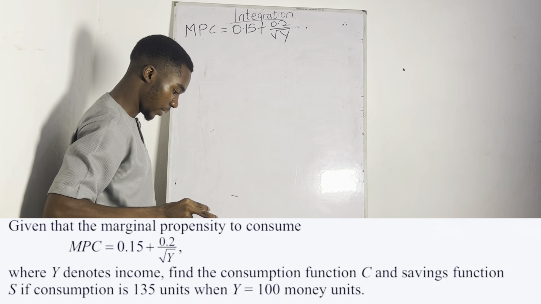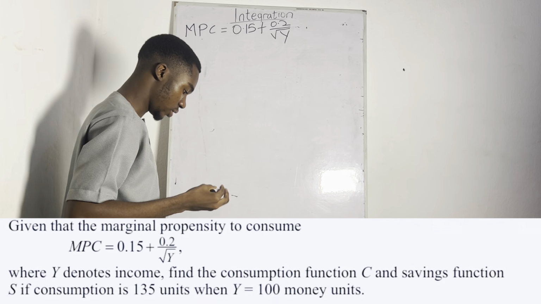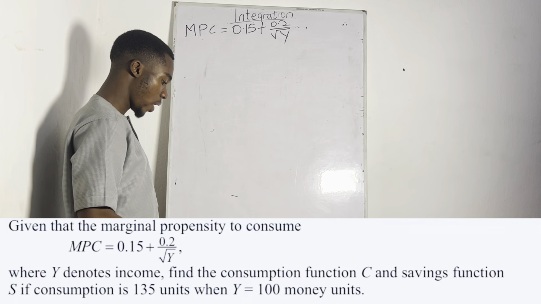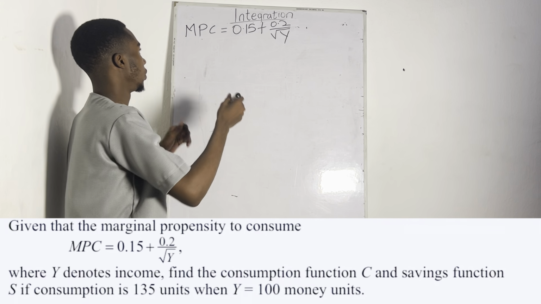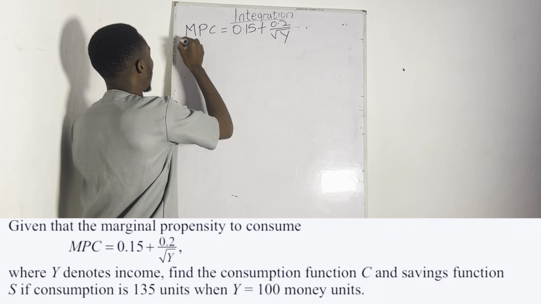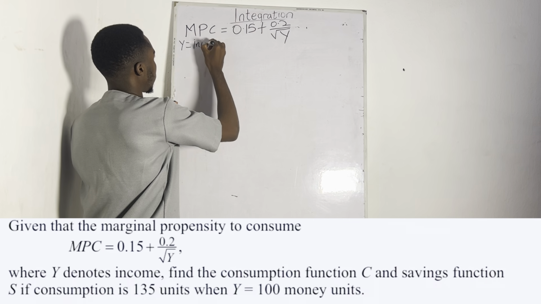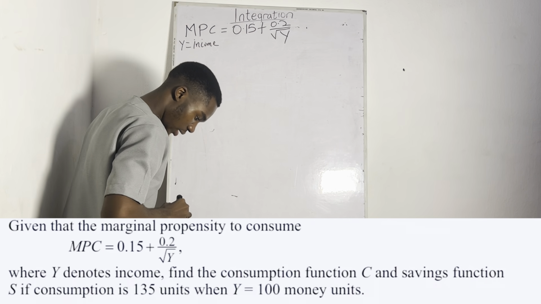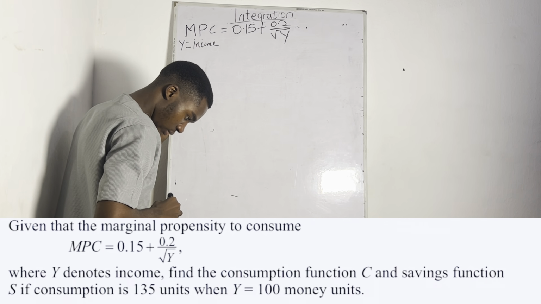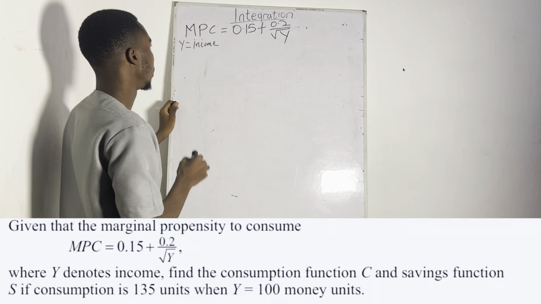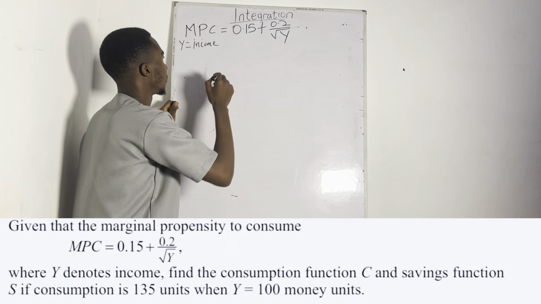Given that the marginal propensity to consume MPC is equal to 0.15 plus 0.2 over root y, where y denotes income. So let's write all that. Where y is equal to income. And what other information did they give us? Then find the consumption function C. So C is the consumption function.